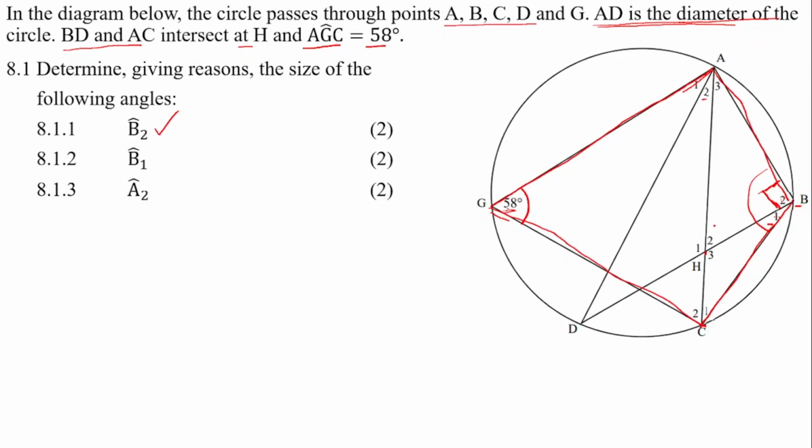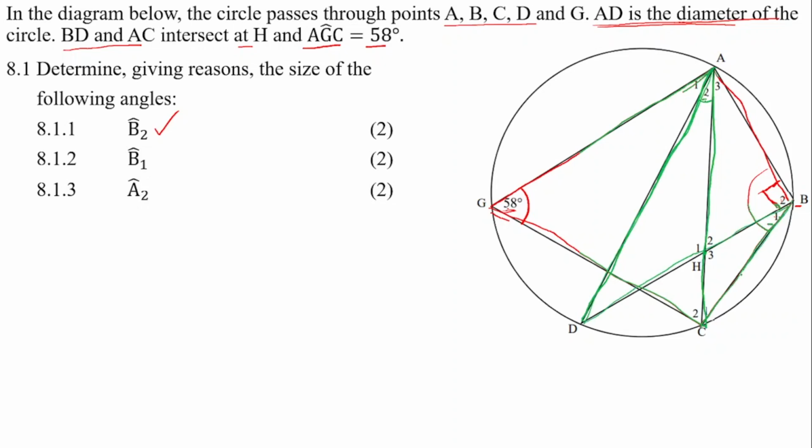Okay, the other thing that we need to find is angle A2. How is angle A2 connected to angle maybe B1 or any other angle that we're given? If we check here, we have angles in the same segment. We have this angle here subtended by DC. A2 is subtended by DC, and then also B1 is subtended by DC.